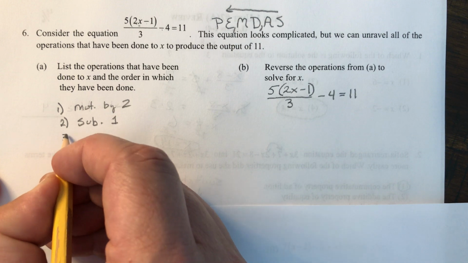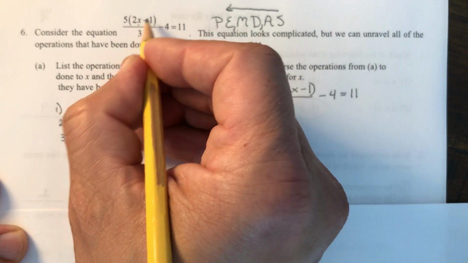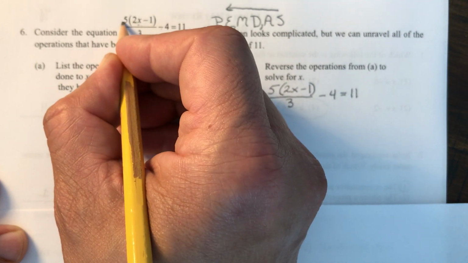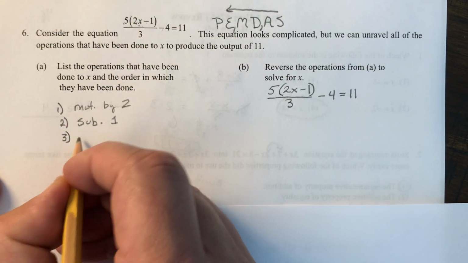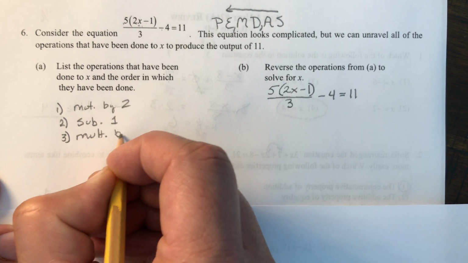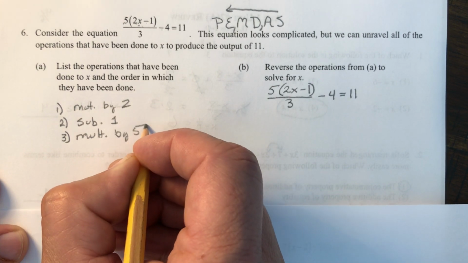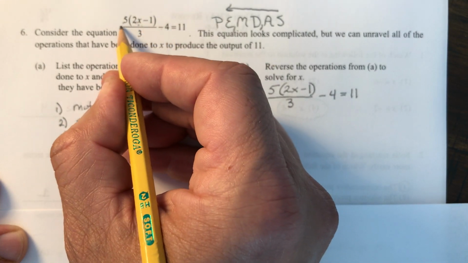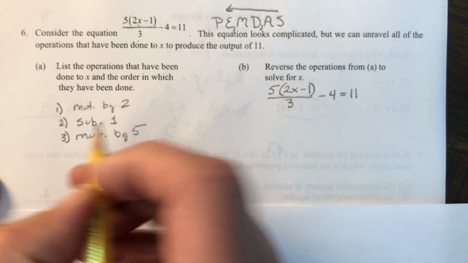All right, the third thing that's happening, it looks like we have a 5 which is being multiplied. Okay, then you could see that that entire unit there is now being divided by 3.